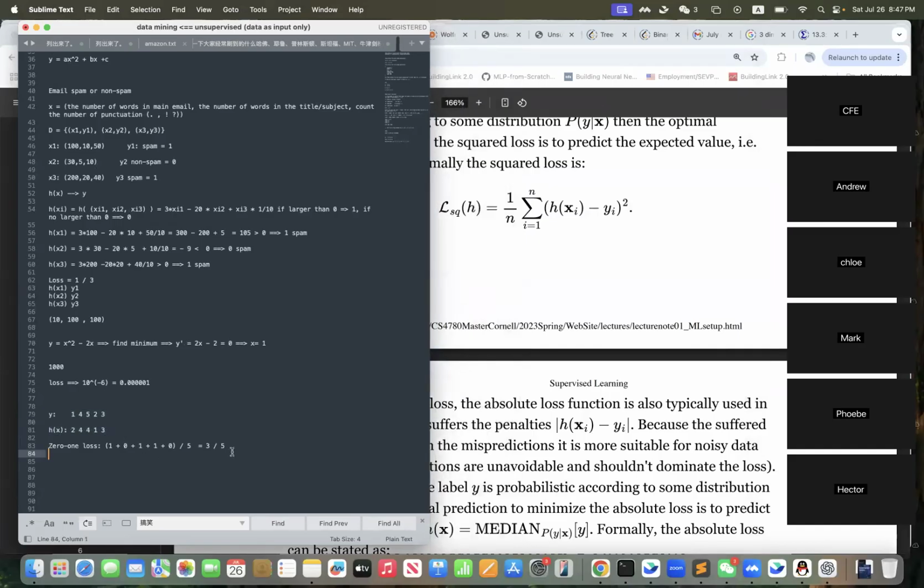I need a volunteer to calculate the square loss here. Maybe Hector. Can you calculate square loss in this example? Don't give the answer, but you can just give the steps. The formula is on the right hand side.